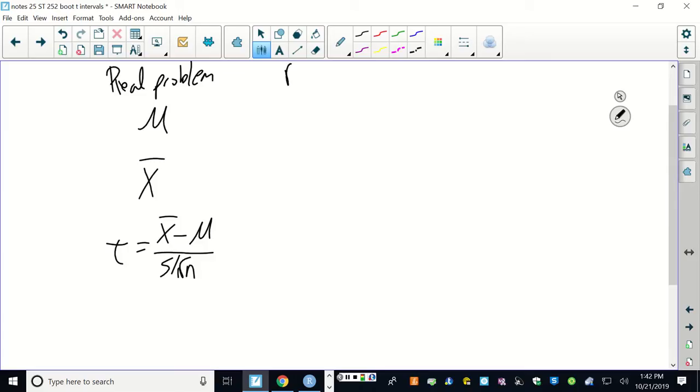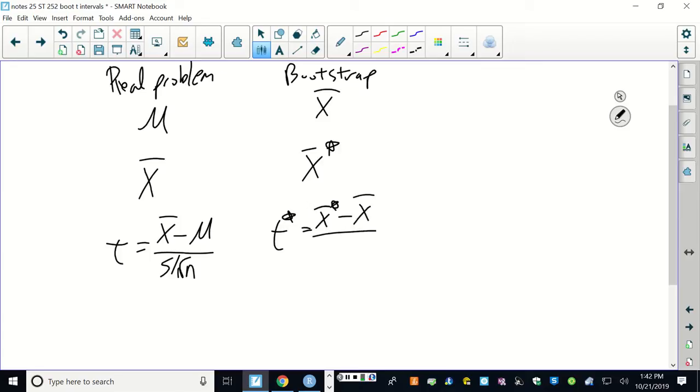In our bootstrap world, the bootstraps generally are centered around X bar, because we're sampling from that set of data whose average is X bar. And then for our new bootstrap sample, we get an X bar star, a new simulated average. And so we are going to form T stars: X bar star minus our X bar, over the standard deviation of this bootstrap sample over the square root of n.